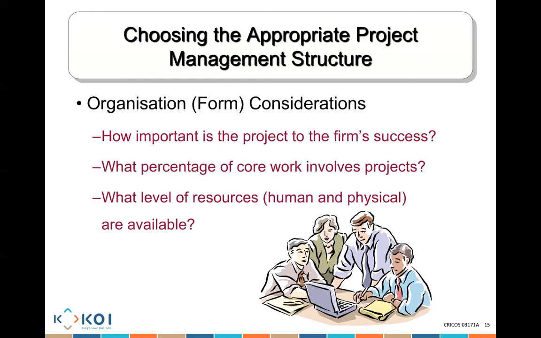What level of resources, human resources, physical resources are available? You might have so many resources available that you can really form a dedicated project team. But a lot of times organizations do not actually have all of those resources. And if they don't, that actually becomes a problem. And that's something you need to bear in mind.